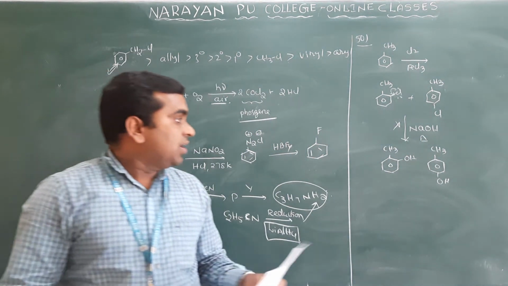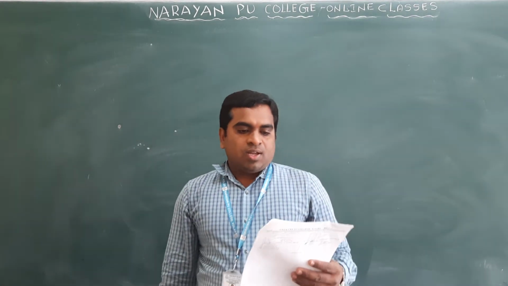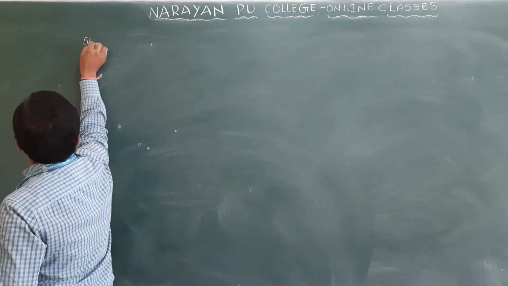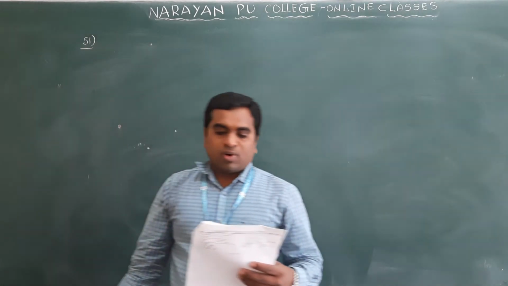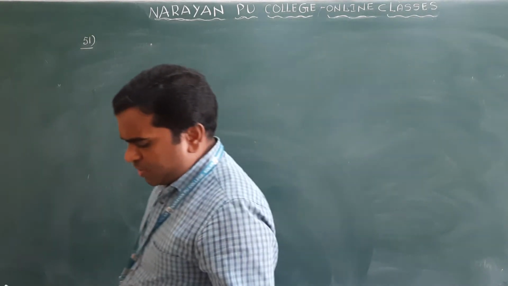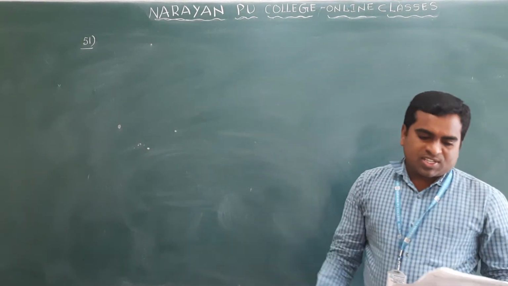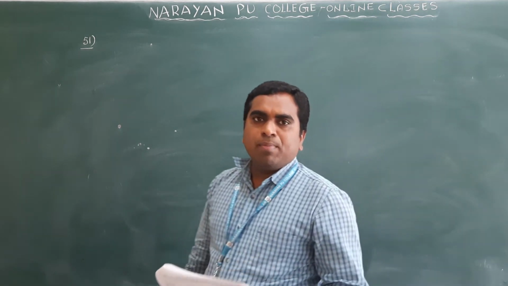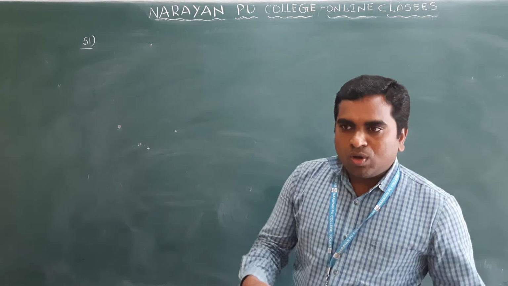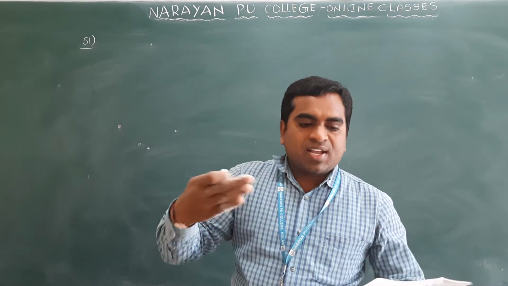Clear? Next one, question number 51. This question is based on boiling point of primary, secondary and tertiary alcohols. We explained this very nicely in the PU part. Primary alcohols have higher boiling points than secondary and tertiary.